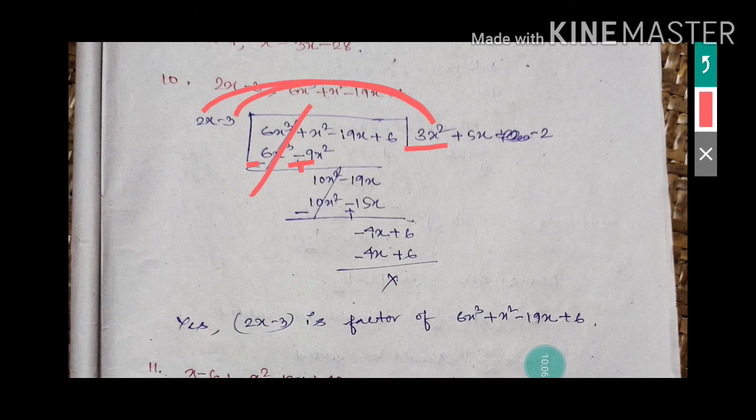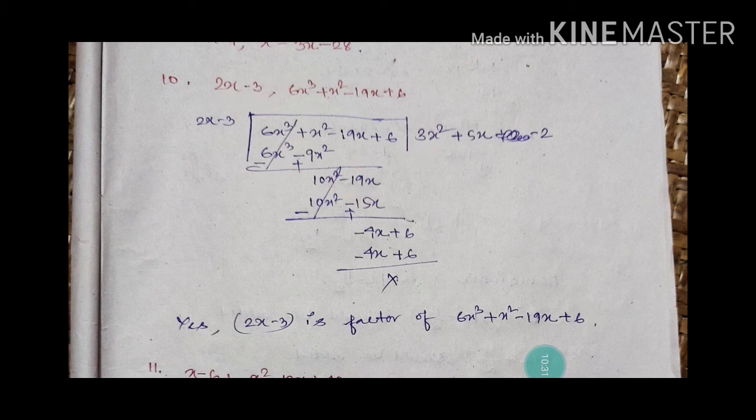Now see, here x square is there and here plus 9x square is there. Both signs are the same, so plus x square and plus 9x square, how much will it be? Plus 10x square, and then minus 19x came here, and then you tell me what you have to multiply in this case.